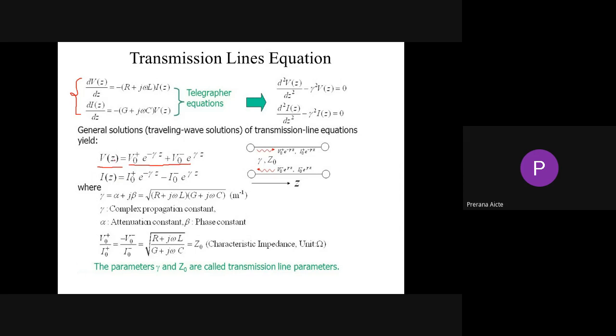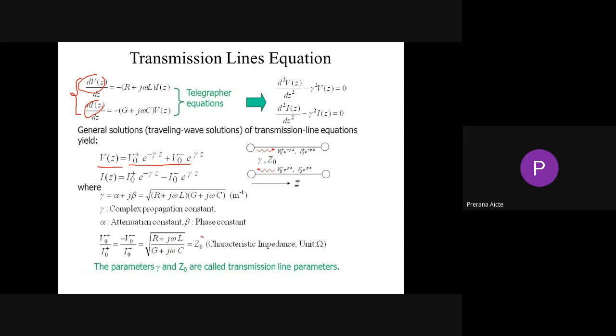Now from this voltage by current we can get the impedance. So V0 by I0, or minus V0 by I0, is equal to the square root of (R plus jωL) divided by (G plus jωC). That is equal to Z0, the characteristic impedance.